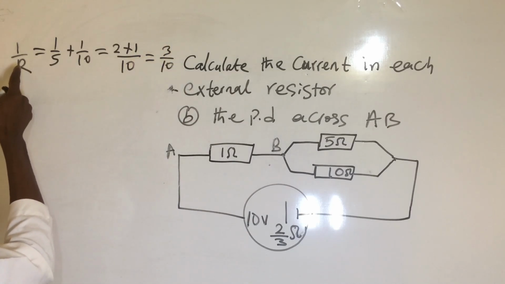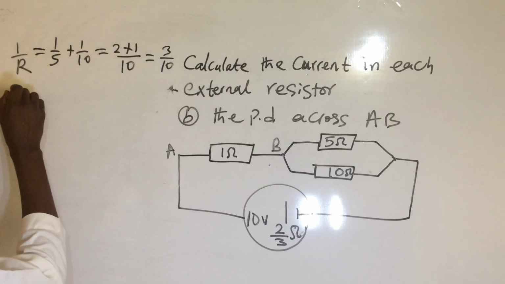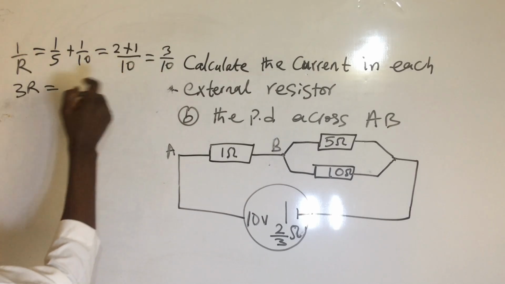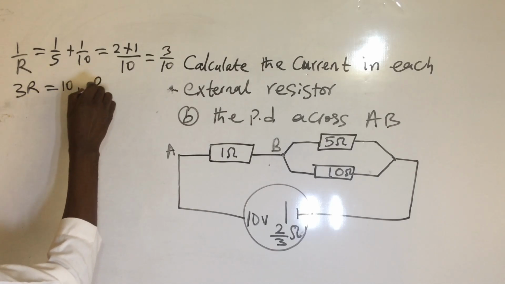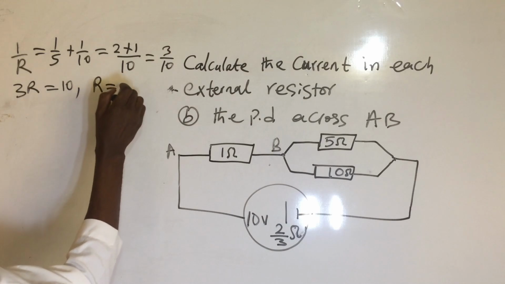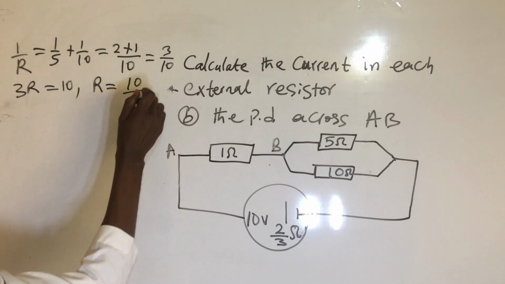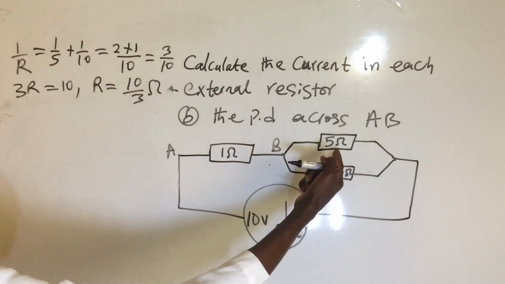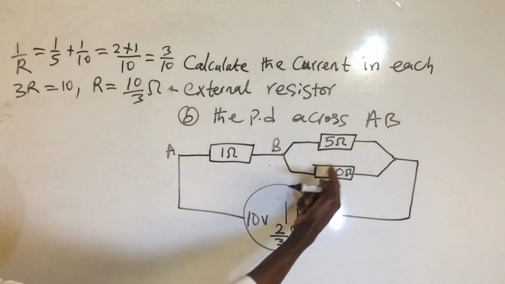Making R the subject of the formula, we cross multiply. R times 3 will be 3R equals 1 times 10, which is 10. So R equals 10/3 ohms. 10/3 ohms will now be the total resistance here that is connected in parallel.